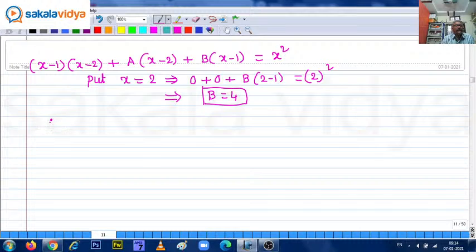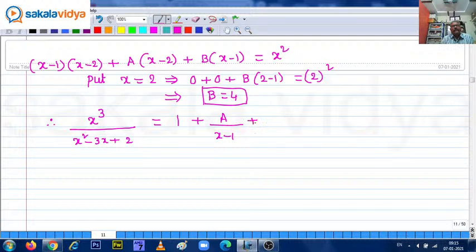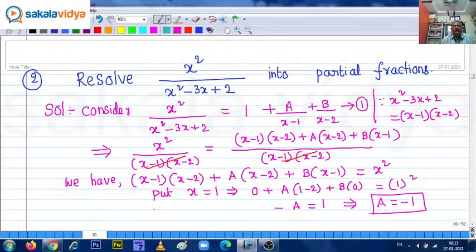So therefore x square upon x square minus 3x plus 2 equals to 1 plus a upon x minus 1 plus b upon x minus 2. Let us substitute the values. What is the a value? The a value is equal to minus 1.